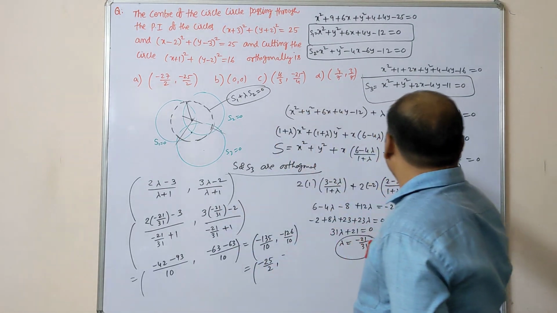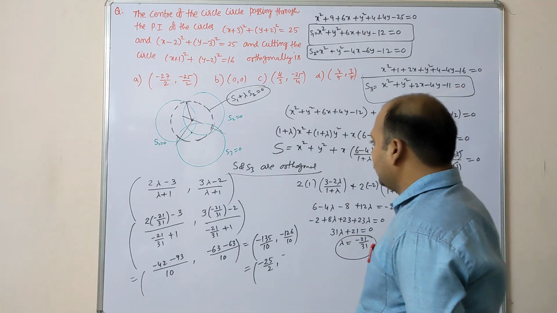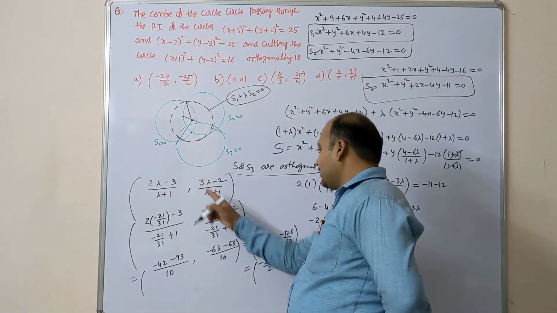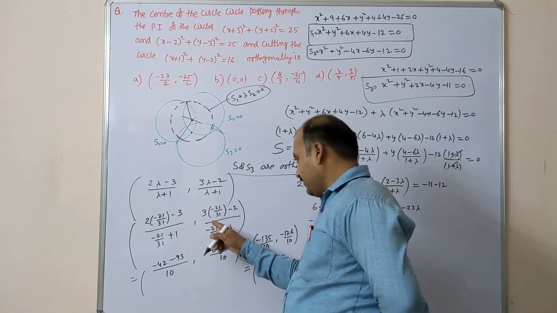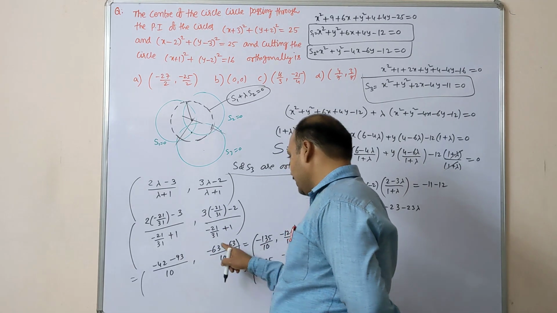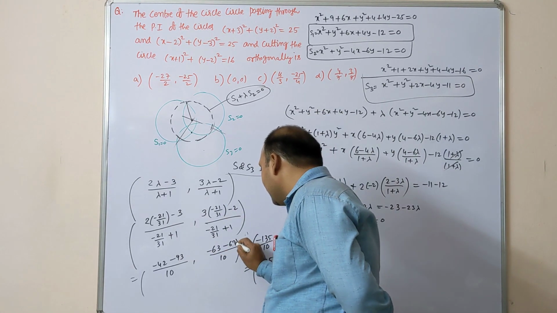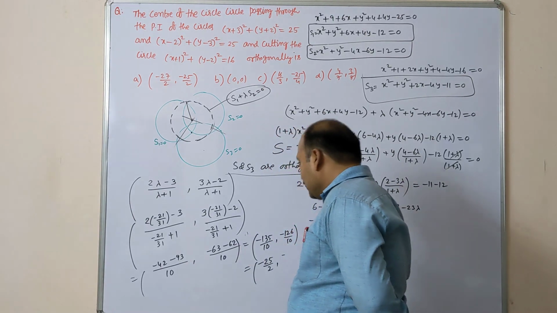So here 3 times of lambda, 3 lambda minus 2 by lambda plus 1 now. So 3 times of minus 21 is minus 63, that's okay, 2, here 62 more, sorry, 62.